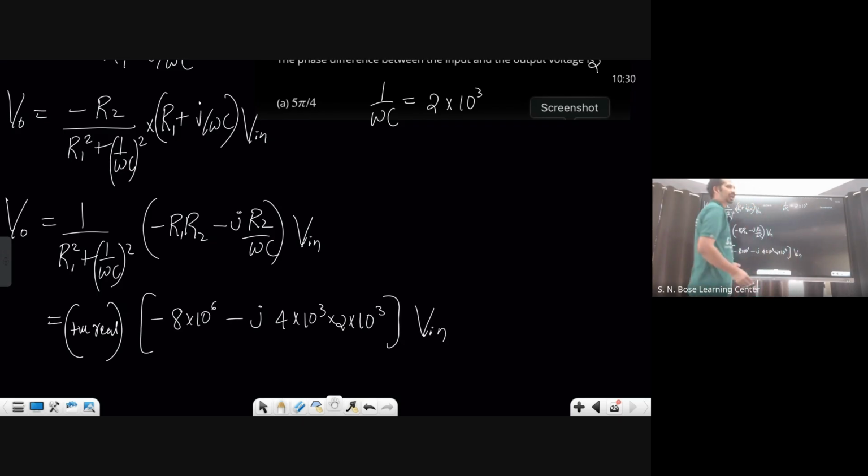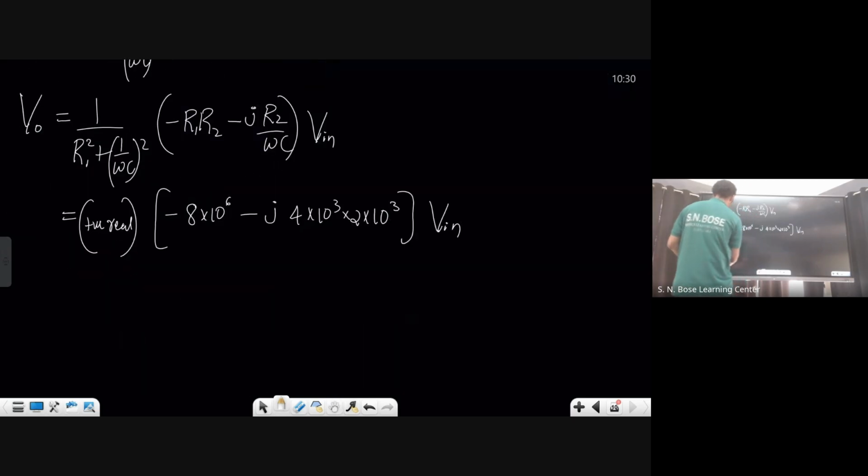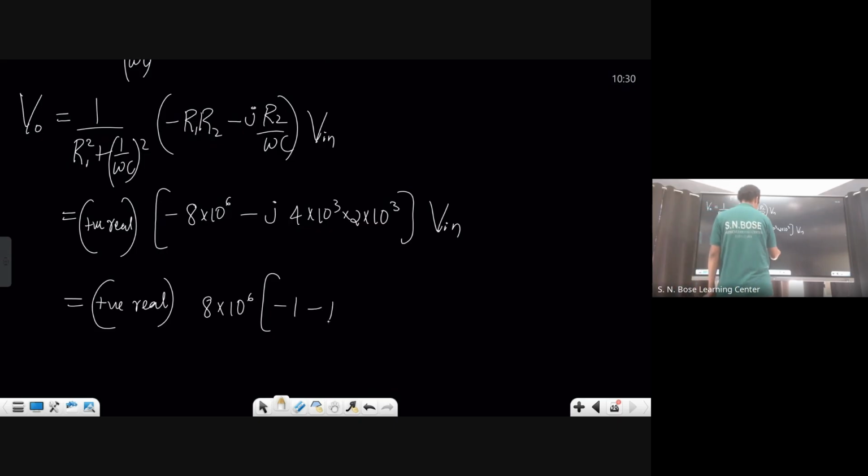Still, you can make the algebra better. So that is what happened. Positive real, minus 8 into 10 to the power 6 outside, minus 1 minus j, into V in.